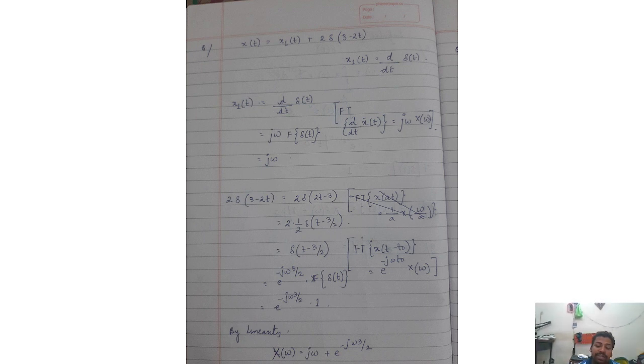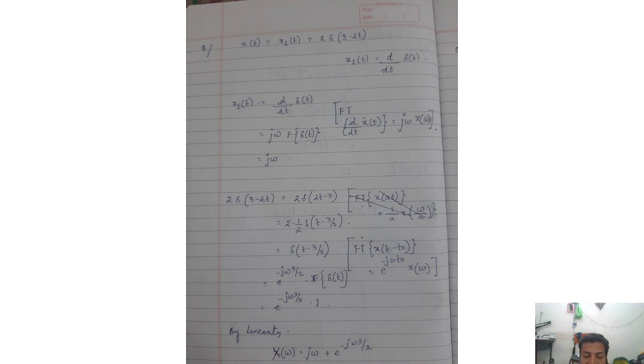And by the time shifting property of the Fourier transform, we know that if we have a signal x(t) and the Fourier transform of that signal is X(omega), and we shift the signal, that is the Fourier transform of x(t minus t naught), it is equal to e to the power of minus j omega t naught into X(omega), where X(omega) is nothing but the original Fourier transform of the signal x(t).